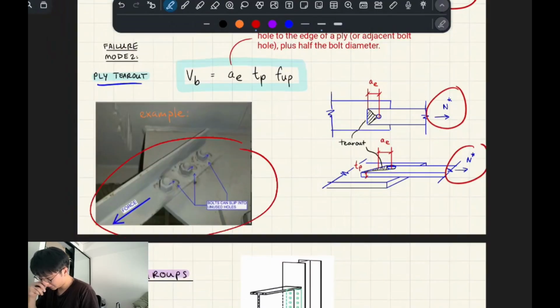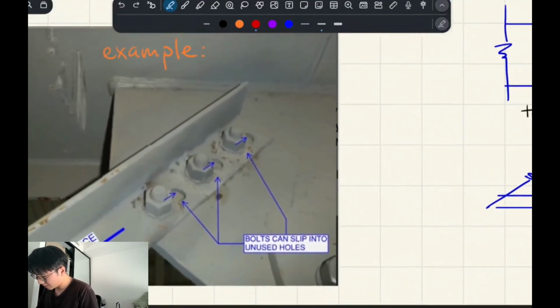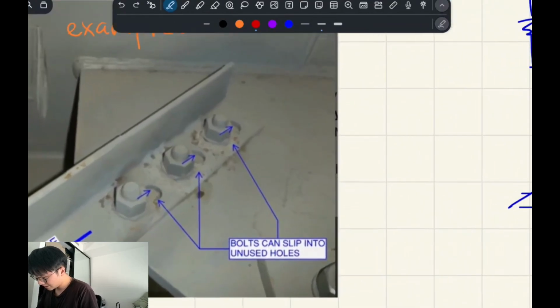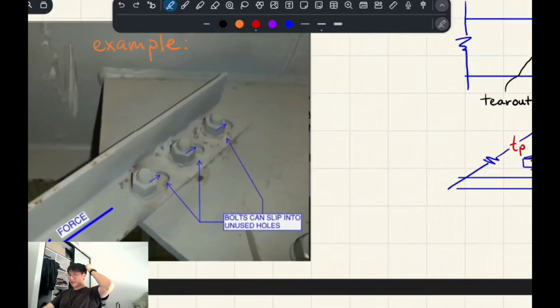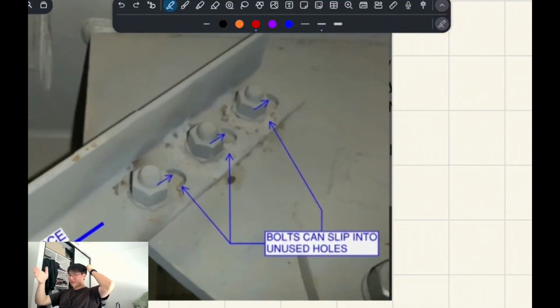Here I have a photo from work that is just an example to show you. They basically had, like in the roof of this warehouse. Oh, sorry, no, this is a wall brace. They didn't line up the hole properly for the brace and the plate that it's attaching to, and so they just drilled new holes next to the existing holes.